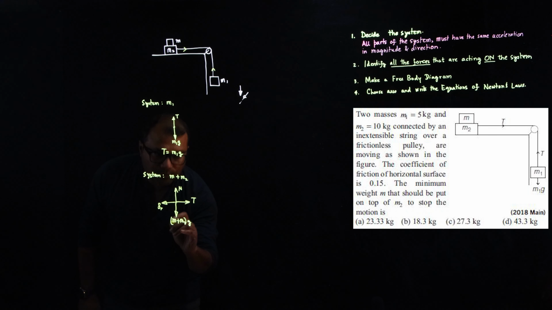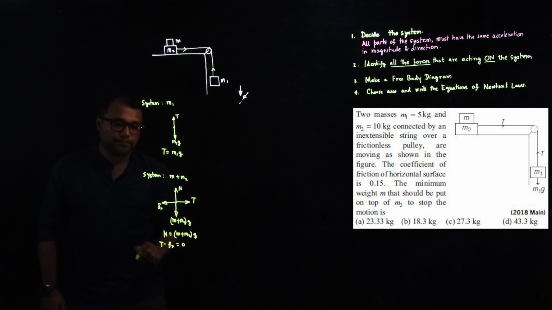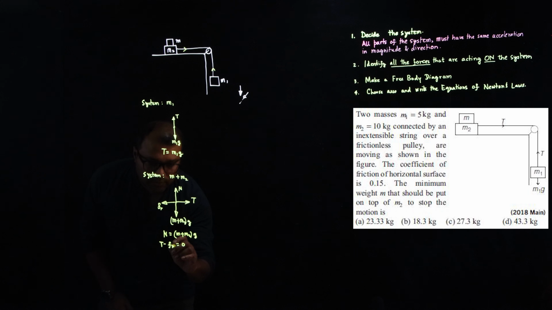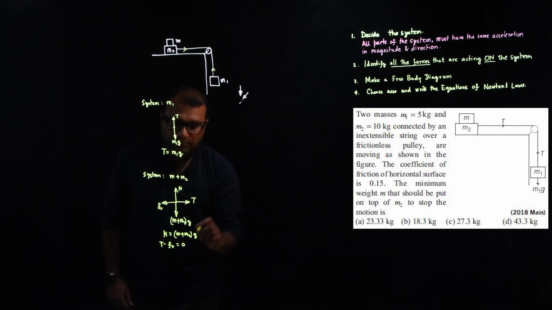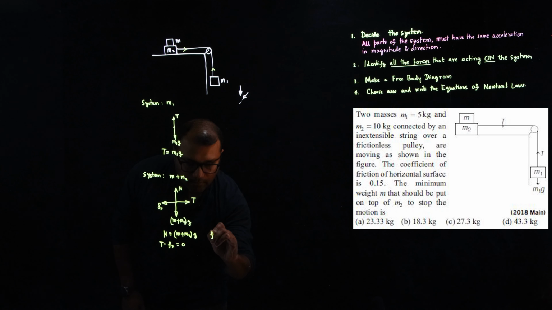Now if we write the equations, N equals (M plus M2)g, and T minus Fr should be equal to 0, or T equals Fr. What is Fr?